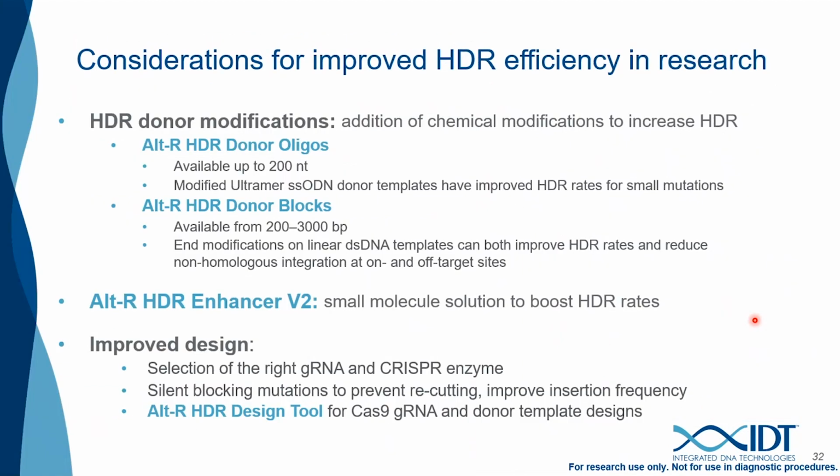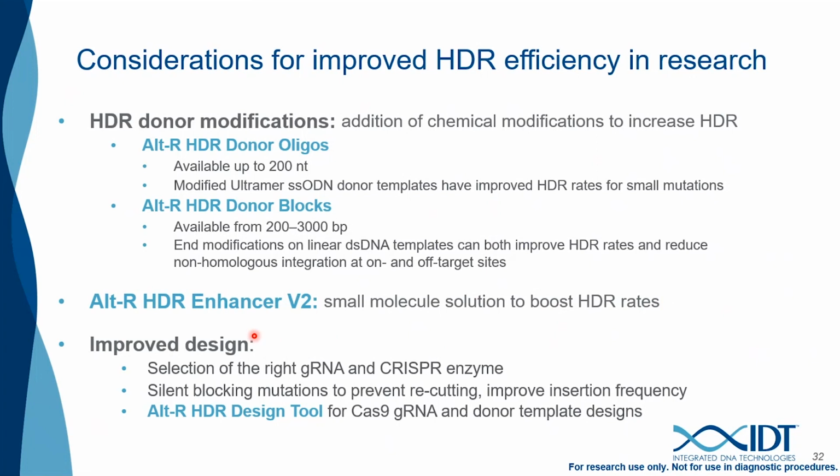All right. So, in conclusion, if you are trying to improve your HDR rates, we do offer several different products where we have introduced modifications into our HDR donors to improve HDR rates. So we've got our HDR donor oligos that are available, as well as our HDR donor blocks. We also have our HDR Enhancer V2, which is an exciting new small molecule solution for boosting your HDR rates.